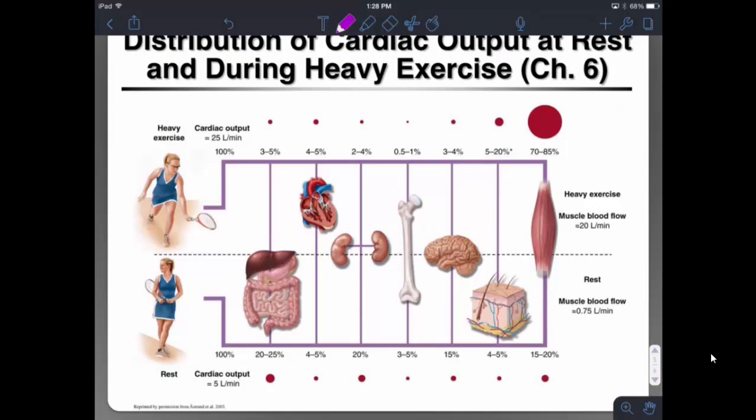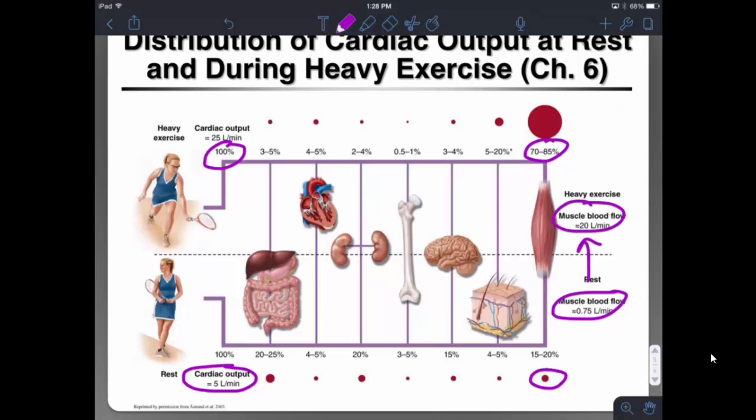We said that at rest you have cardiac output of about 5, and 15 to 20% of your cardiac output is distributed to the muscle, resulting in a muscle blood flow of about 0.75 liters per minute. During exercise, we see an increase in cardiac output and an increase in the percent distribution of that cardiac output to the muscle, resulting in a significant increase in the amount of blood flow to the muscle during heavy exercise.